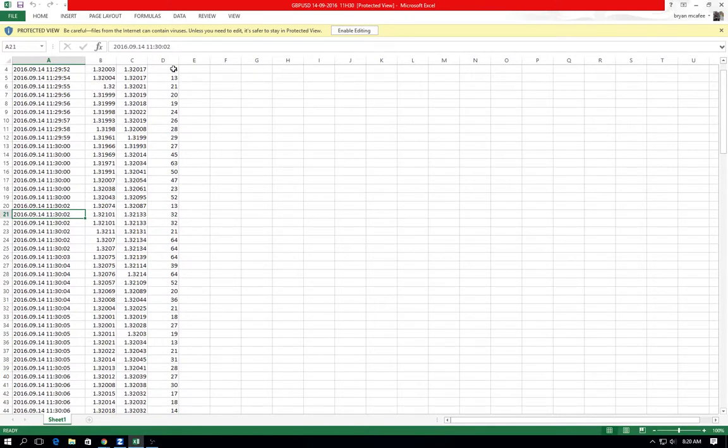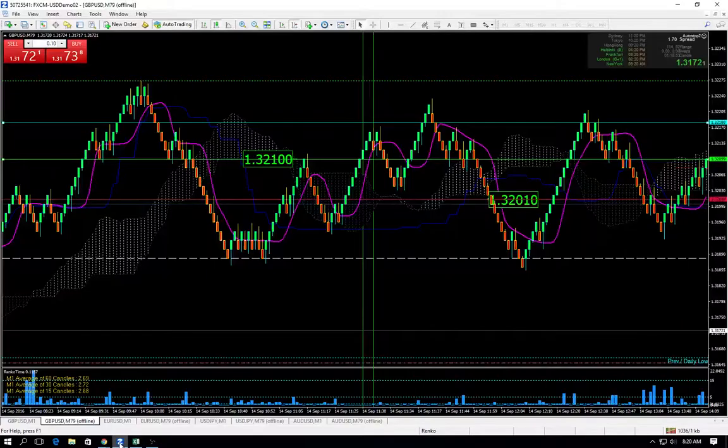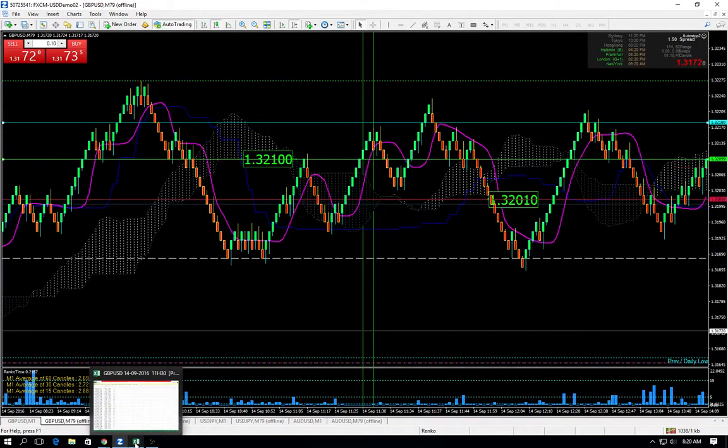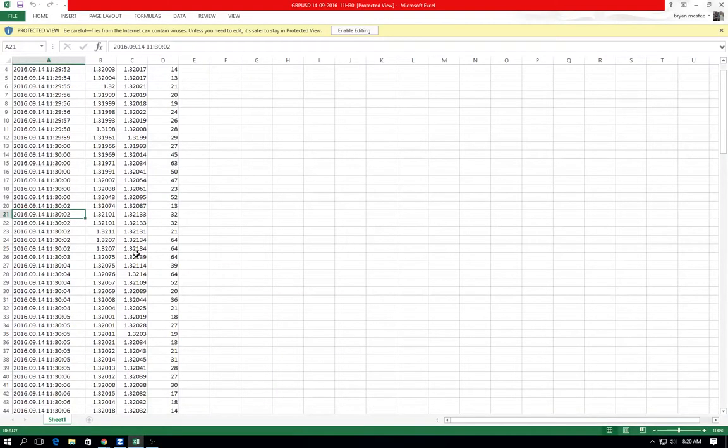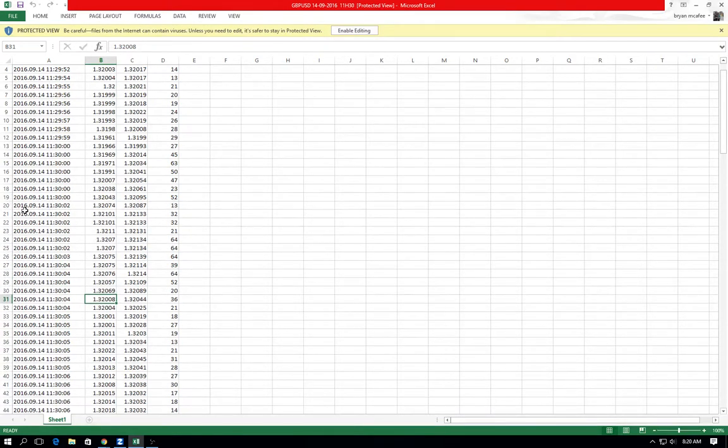An exit, so let me mark. 21 was entry. Exit was 2010. And it looks like exit was right here, so from 21 to, oops.